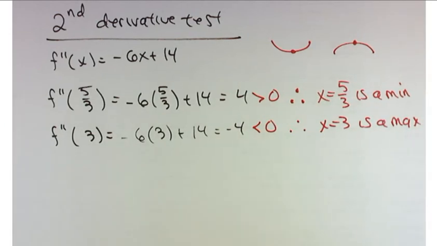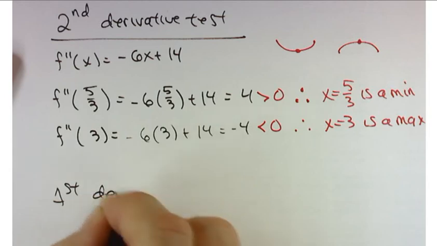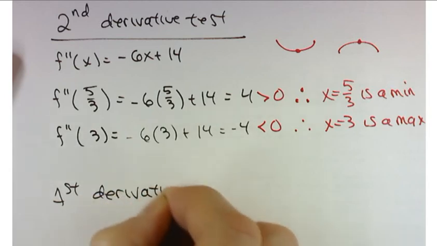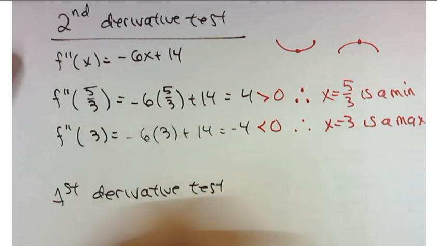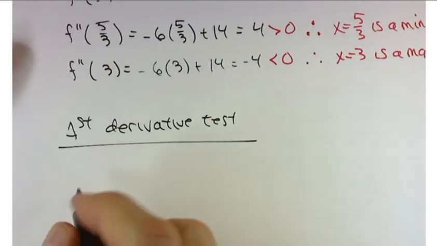You don't always have to use the second derivative test. We can use the first derivative test. It depends on what you have, and it depends on the situation. The first derivative test is stuff that we've already used. So let me lay out our function and its derivative and a couple of points here.